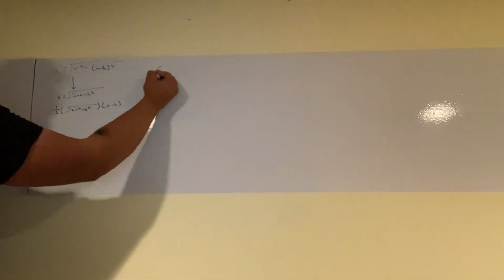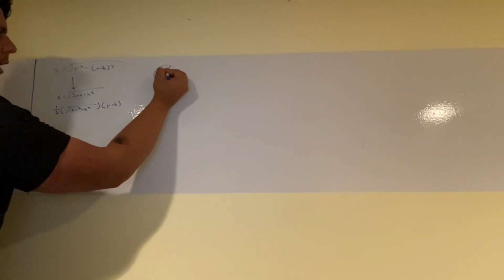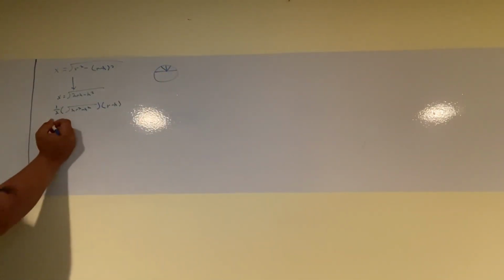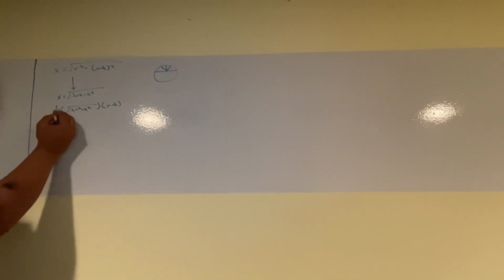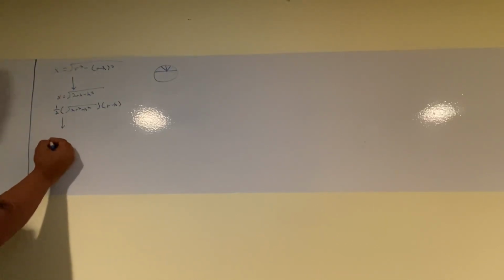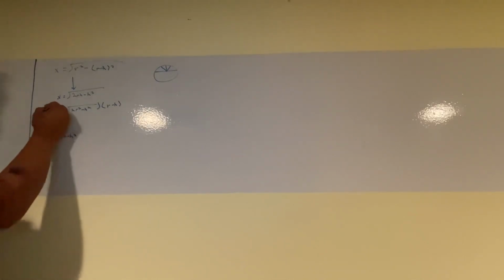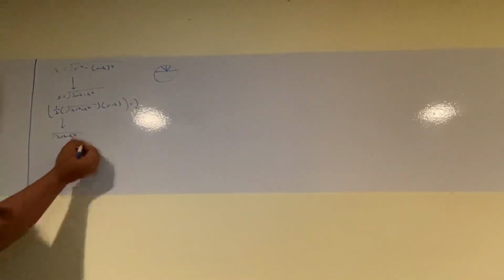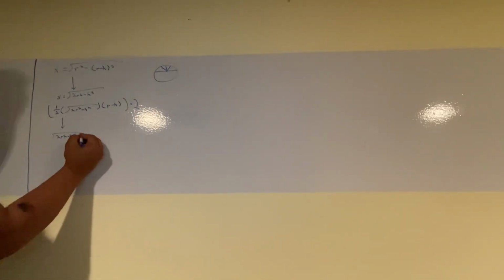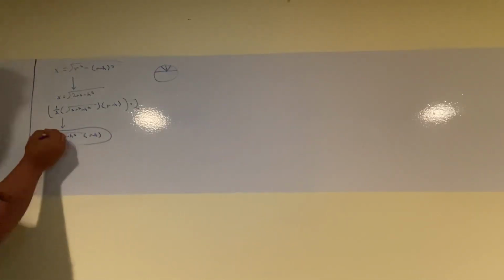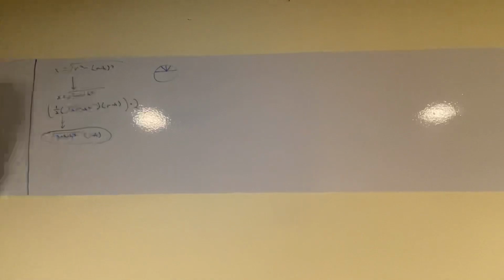But remember that in the log we had 2 triangles, so we're going to multiply by 2 because we need it for both triangles. So this goes to the square root of 2rh minus h squared, times r minus h. This equation is the area of the triangle.